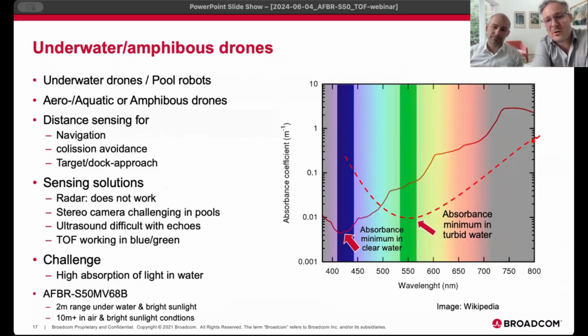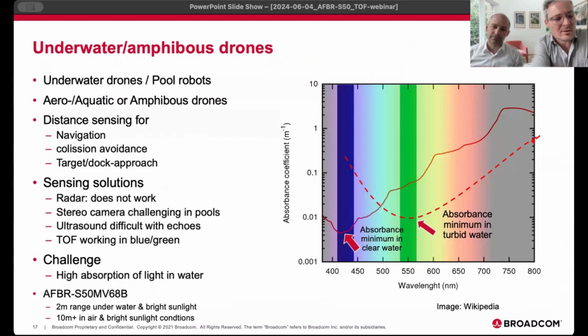Therefore, it would be possible to add a green light source, because especially in turbid water, so water with some dirt included, the green wavelength really has some benefits here, and this is quite easy.